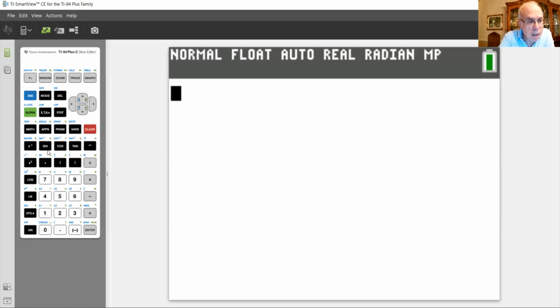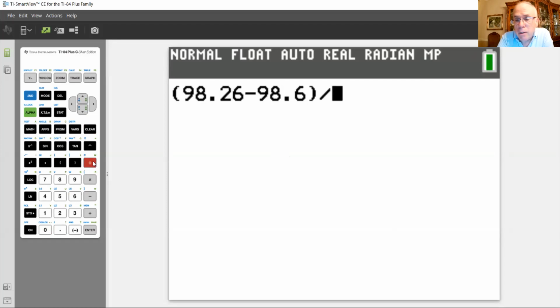Sorry about that. Let's try it again. 98.26 minus 98.6. Close the parentheses, divide by. This is very important: you must use parentheses for the denominator, because the denominator actually has a fraction in it. Whenever we have a denominator having a fraction, we must put parentheses around it.